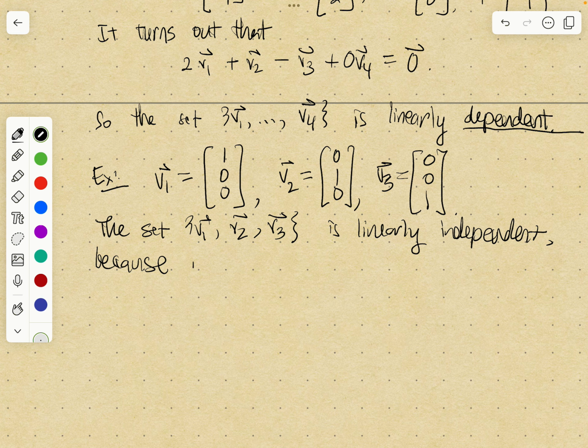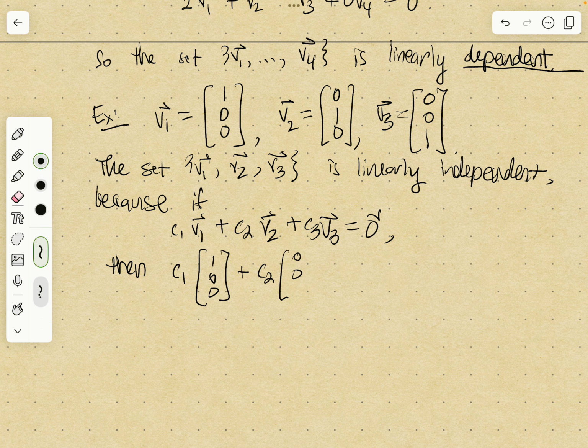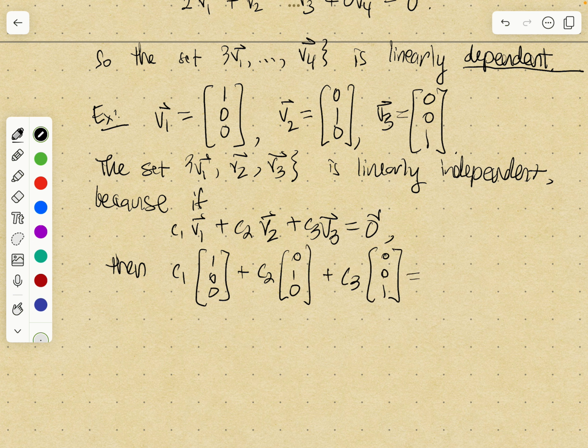So if C1 V1 plus C2 V2 plus C3 V3 is the 0 vector, then C1 (1, 0, 0) plus C2 (0, 1, 0) plus C3 (0, 0, 1) is the 0 vector (0, 0, 0). And what does that tell you?